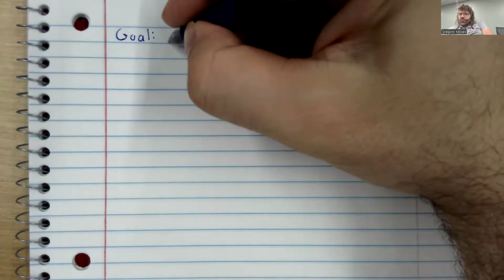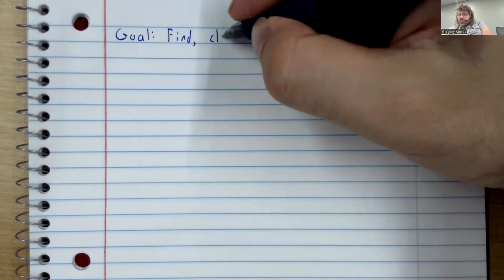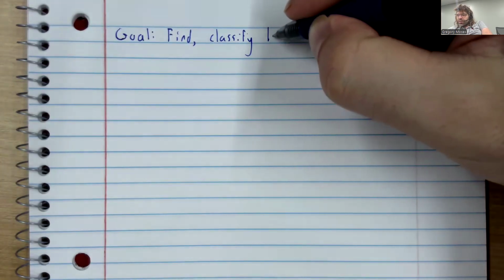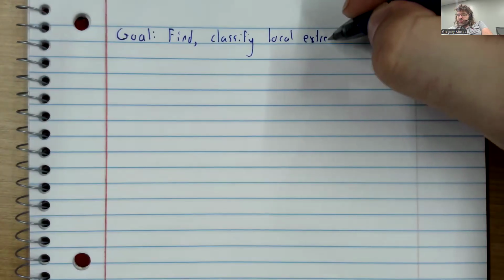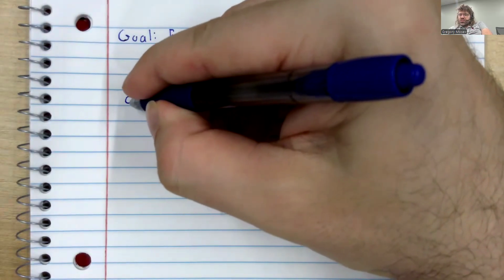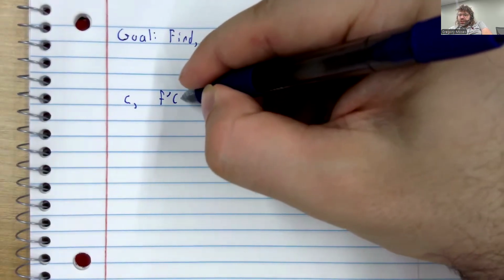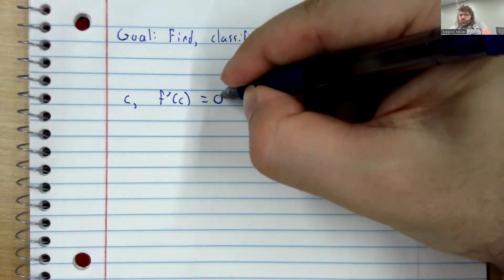So suppose we have a problem where we're trying to find and classify local extrema. And we found C, and the first derivative at C equals 0.